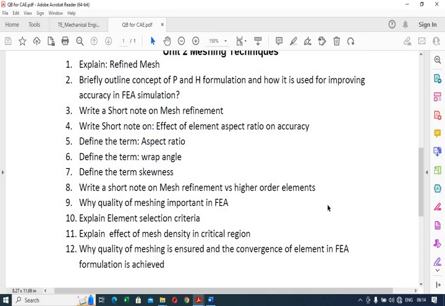Then in the second stage, you go for 200 elements and you get the results. You compare the result of the first with the second. After that, you go for 500 elements, then you compare the results. But after 500 elements, you find that there is no considerable change in the output results. That is called convergence.